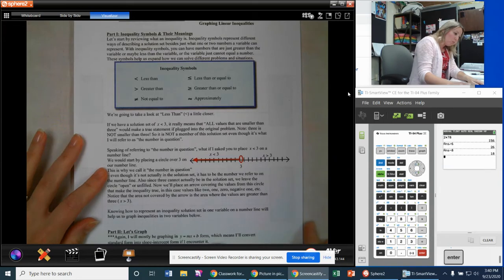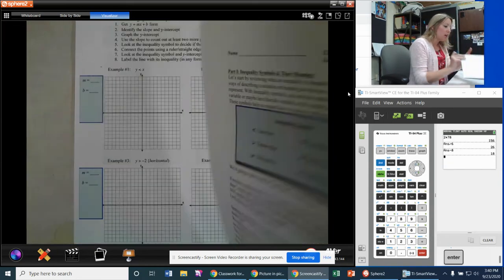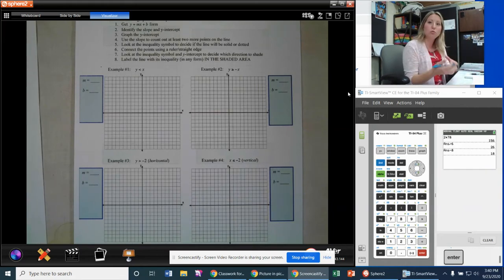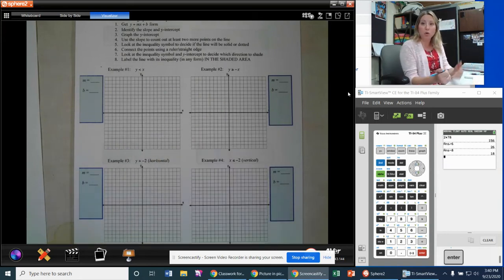So when I'm graphing linear inequalities in a 2-variable plane, an xy plane, right? I took 2 number lines, put them together at their zeros, and I call this a coordinate plane. When I'm doing this graphing, it's the comparison of the x and y that needs to be covered as a shaded area on my graph.